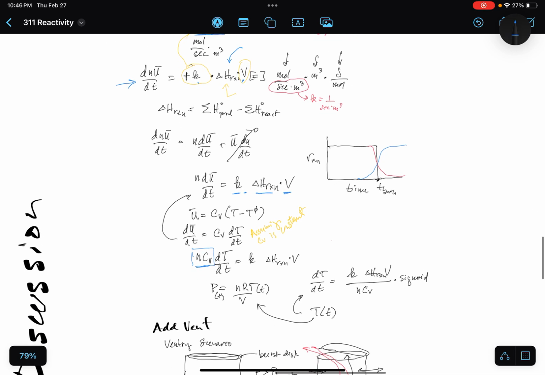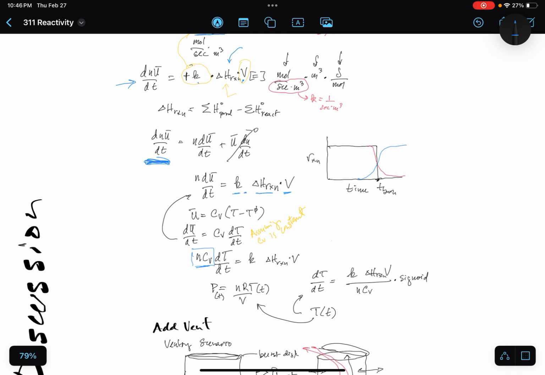And you can see, let's see if I can get this for you. This dU/dt, or the change of the total internal energy of the control volume with respect to time, that's this term I'm underlining.